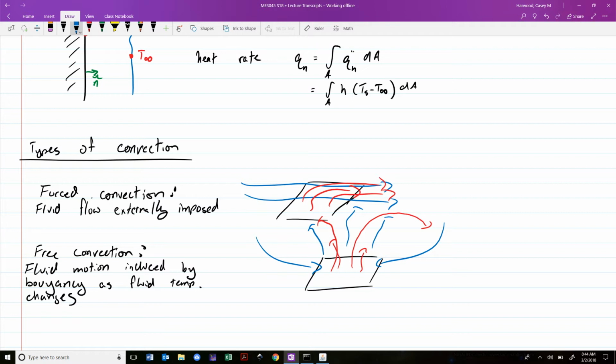This, by the way, is similar to a kind of flow visualization called Schlieren visualization. As the density of a fluid changes, its index of refraction changes, and so it will create little shadow patterns that indicate the way that fluid is moving.